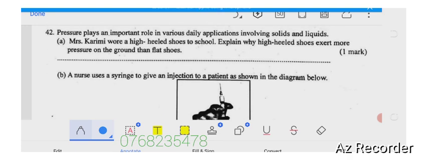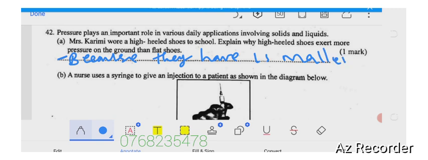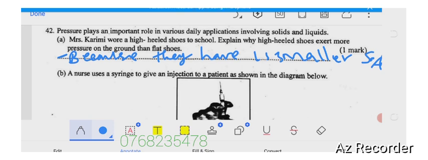Because they have smaller surface area. The smaller the surface area, the higher the pressure. The higher the surface area, the smaller the pressure.